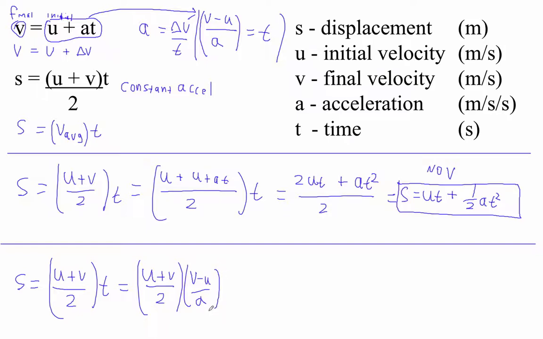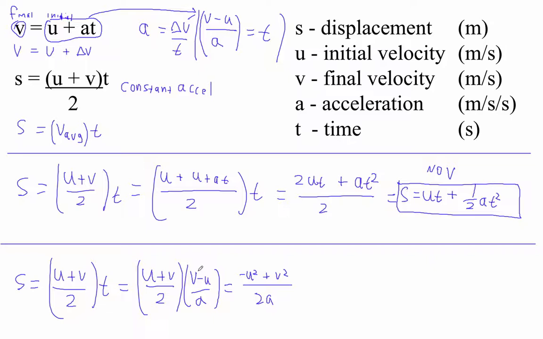Okay, and then let's see, the denominator is clearly 2a, right? And then in the numerator, we have to FOIL this, right? So uv, and then we're going to go minus vu, and then minus u squared plus v squared, right?